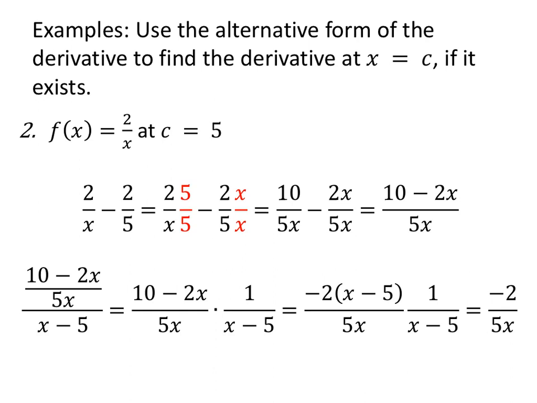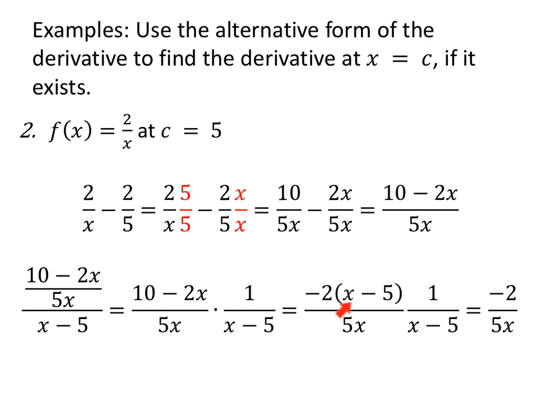But remember, this was just the difference. The quotient is divided by x minus 5. So 10 minus 2x over 5x, all divided by x minus 5, is the same as 10 minus 2x over 5x multiplied by the reciprocal times 1 over x minus 5. And at this step, I notice, hey, these seem kind of similar. How about if I factor out a negative 2 in my numerator?